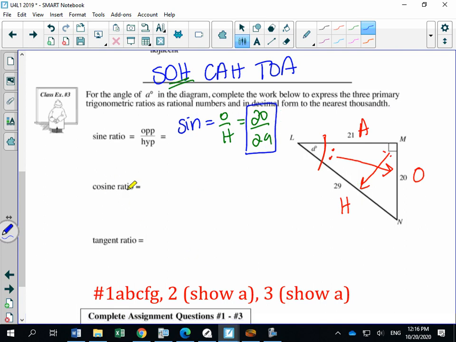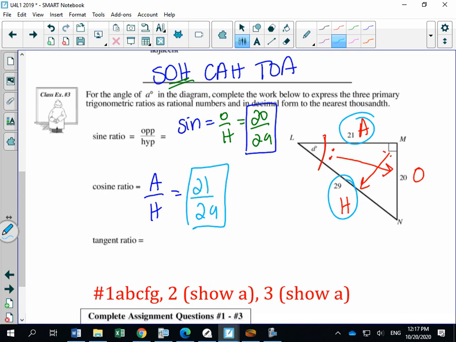Okay, let's do the cosine ratio. Cosine is CAH, so the cosine ratio is A over H. Then you look at your triangle and ask, what was A? A is 21. And what was H? H is 29. And that is the ratio for cosine.